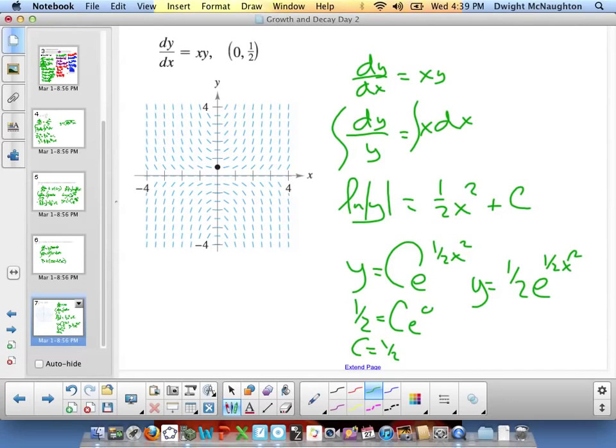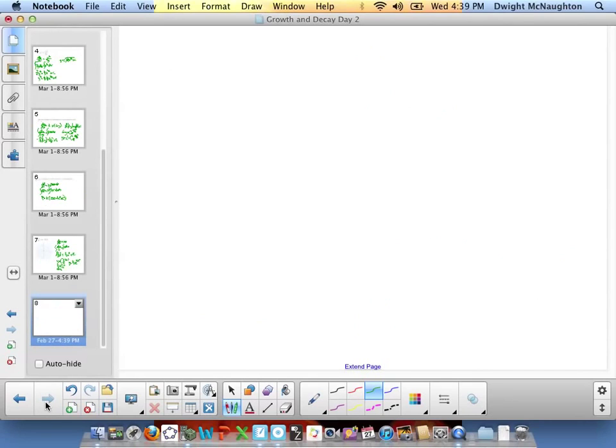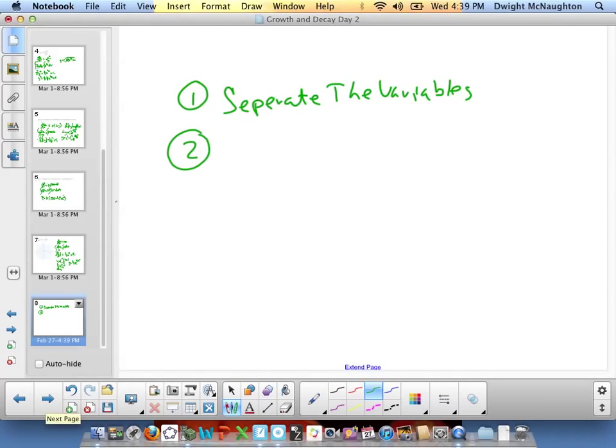All right, so the steps to solving these differentials with exponential growth and decay. Step 1, separate your variables. Step 2, integrate.